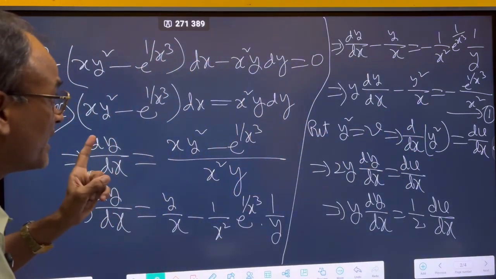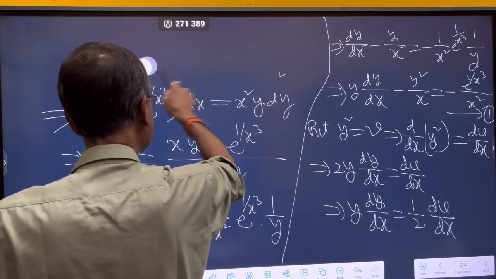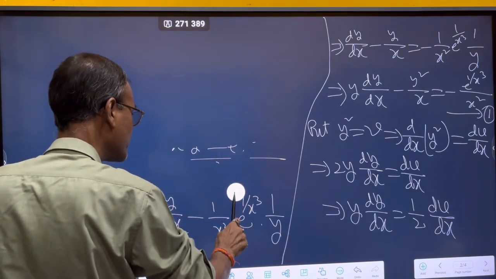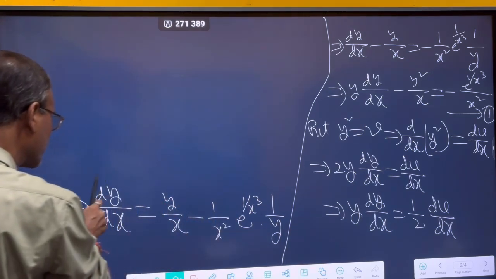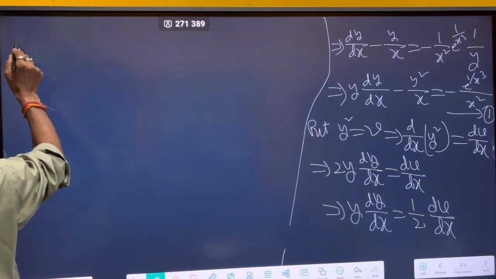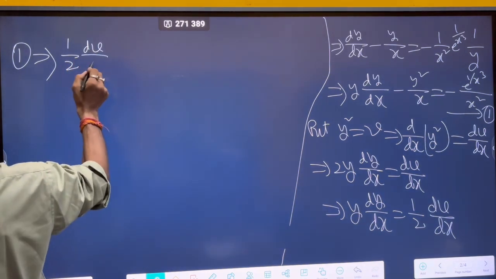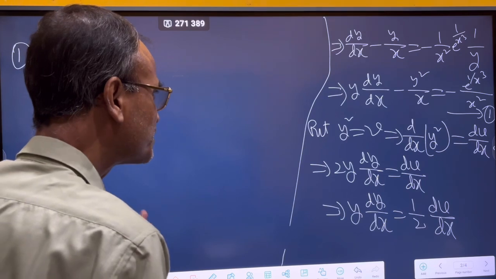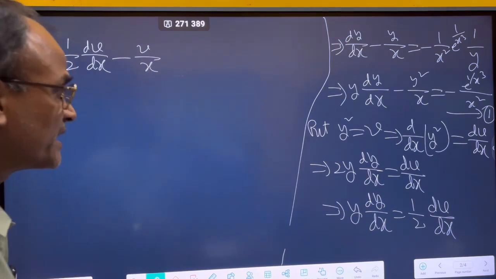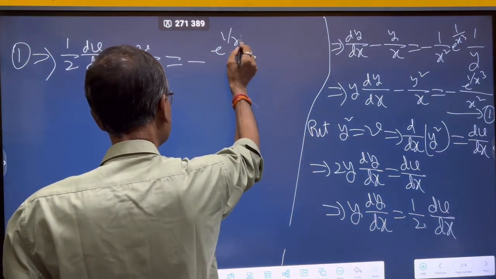Now put this in 1: 1 by 2 dv by dx minus v by x equals minus e to the power 1 by x cube divided by x square.